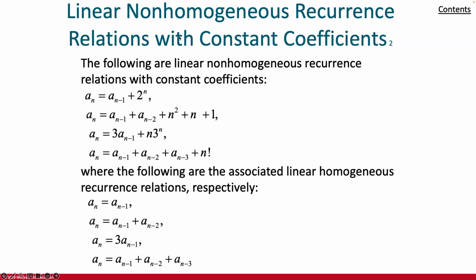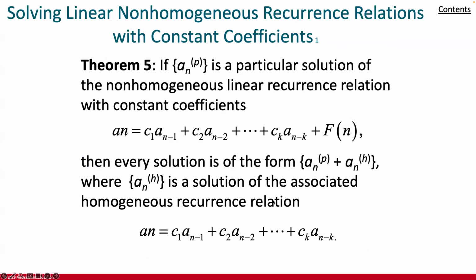The following are linear non-homogeneous recurrence relations with constant coefficients, and you can see those are laid out here. The following are the associated linear homogeneous recurrence relations, respectively. So this is more detail, and I'll refer you to Rosen to think about this in more detail.